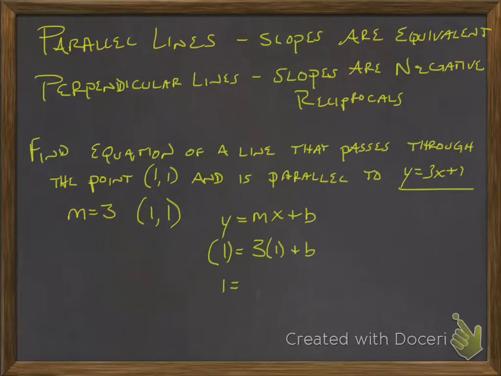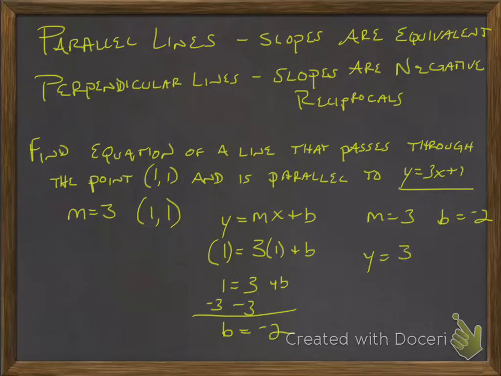So you're left with 1 times 3 times 1 is 3 plus b. If you subtract 3, your b is equal to negative 2. So you have a slope of 3 and a y-intercept of negative 2, and you can write the slope intercept form, which is 3x minus 2.